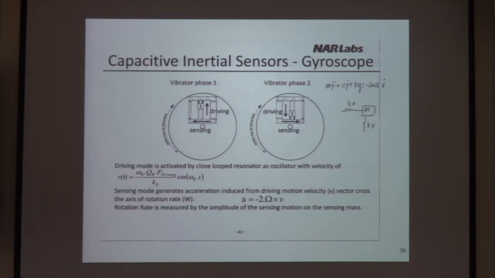If we have one vector in this way and one vector in this way, the outer product vector will be this vector multiplied by this vector and sine theta.